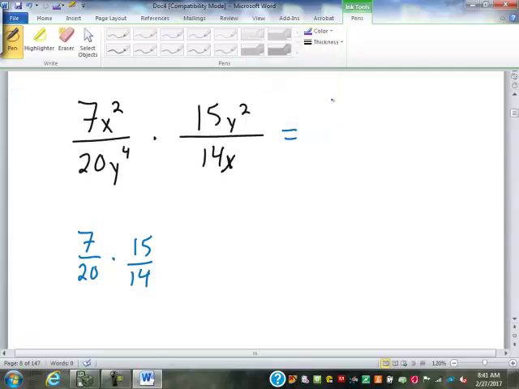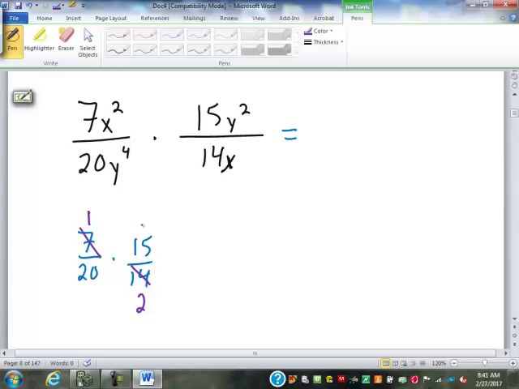Now, is there anything we can cross cancel there in the numbers? Yep. What can we do? Perfect. So we can cancel out 7 and 14 both divided by 7. 7 divided by 7 is 1, and 14 divided by 7 is 2. Good.